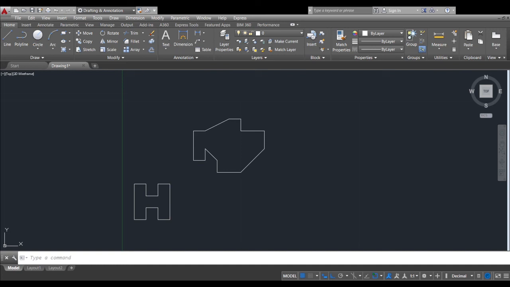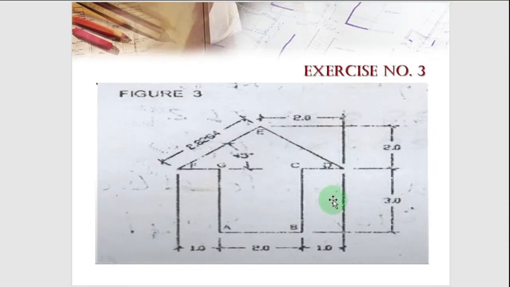So we have A to point G, and to close the figure from point G, we're going back to point A. So let's assume again that our point A lies on 15 comma 20. So this is our figure 3.